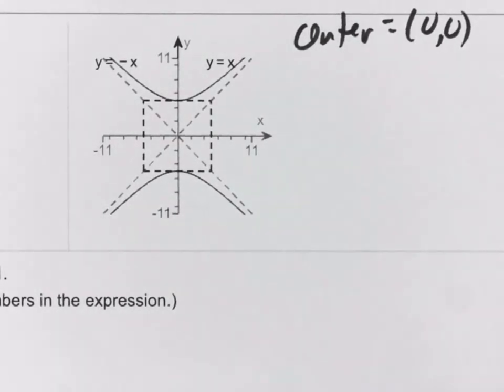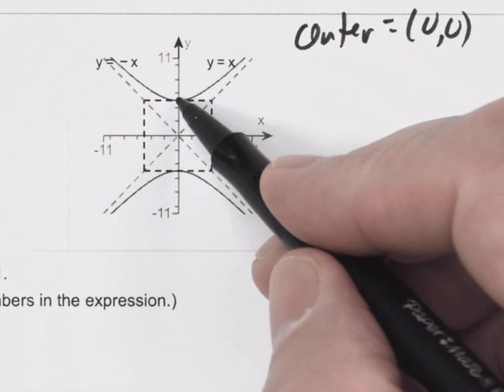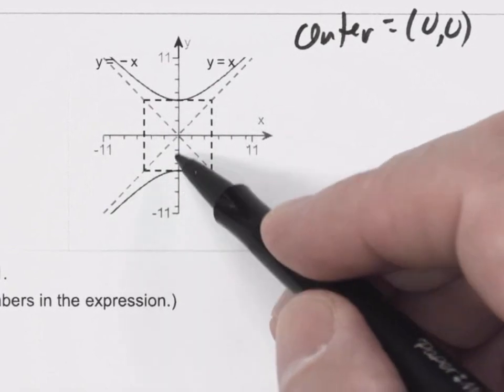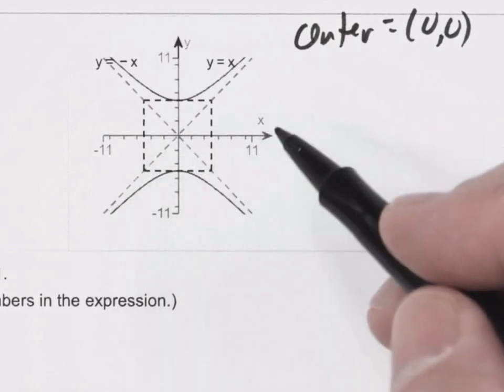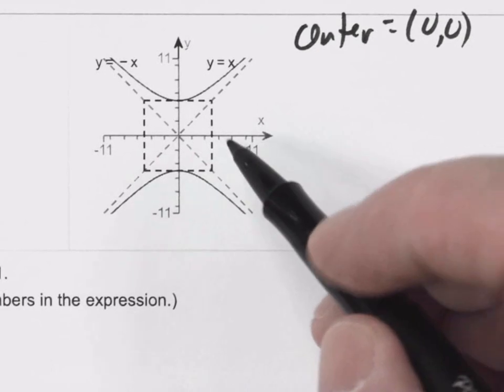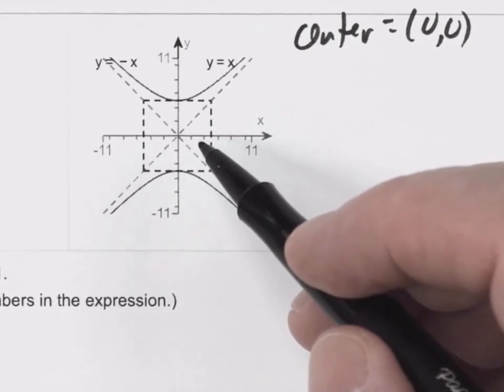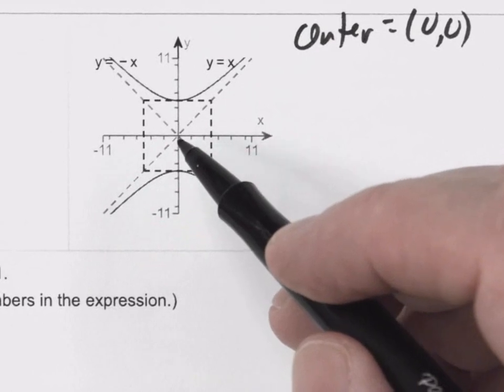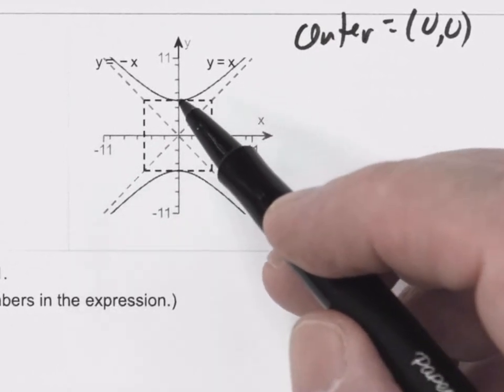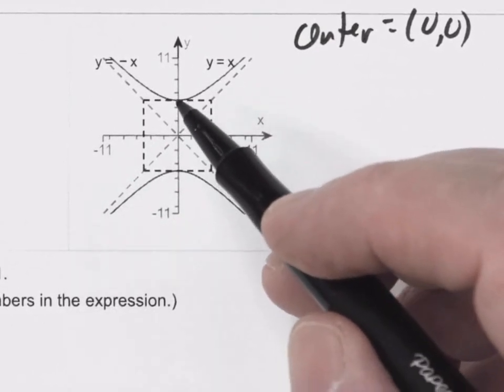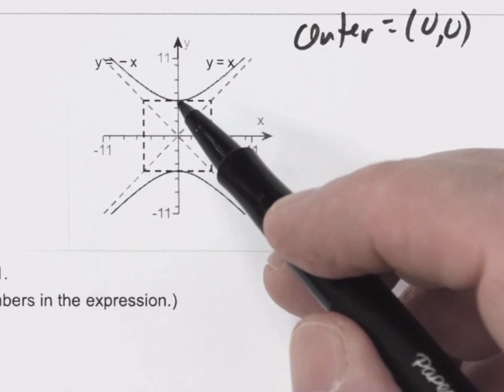obviously it's 0, 0. These are the vertices. What I really care about is the distance. Now if I look at my scale, I think each tick mark is like 2. So here's a vertex. I think it's 2, 4, 5.